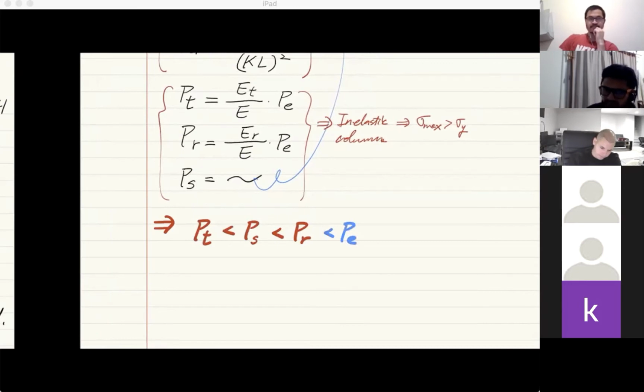Now, notice that these are not for the same column. We are just comparing different values. So the first three are inelastic columns, and the PE is elastic.